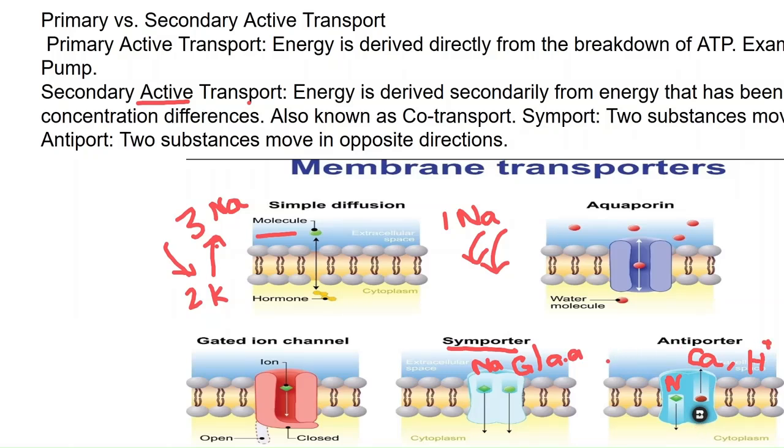So this we call secondary active transport, which we also call co-transport. That means the ion which wants to go in doesn't go in alone. It carries along with it some other substances. So if two substances are moving in opposite directions, you call it antiport. If they are moving in the same direction, you call it symport.